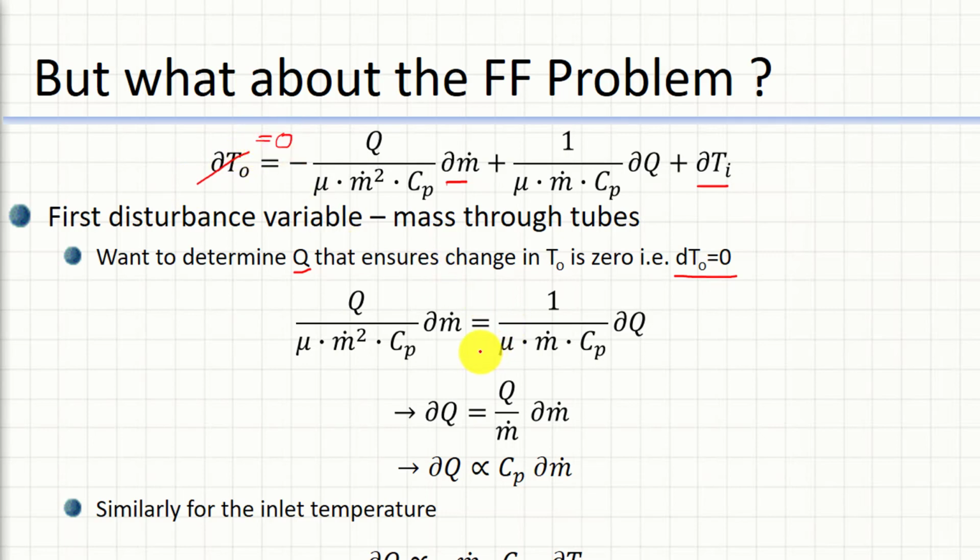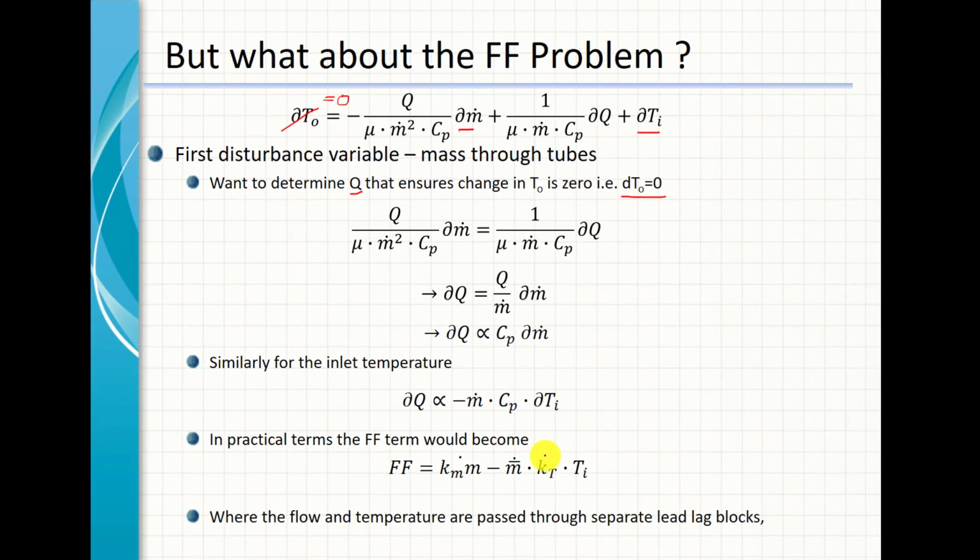and then we solve, and we ignore the one variable in this case, and we solve for how much energy is required to reject change in mass flow. Then we do the similar thing for the feed temperature. So these 2 components have feed forward effects. Now if we assume they're additive, because we did a first order difference, then term 1 and term 2 have to be added together, but they have 2 separate effects.